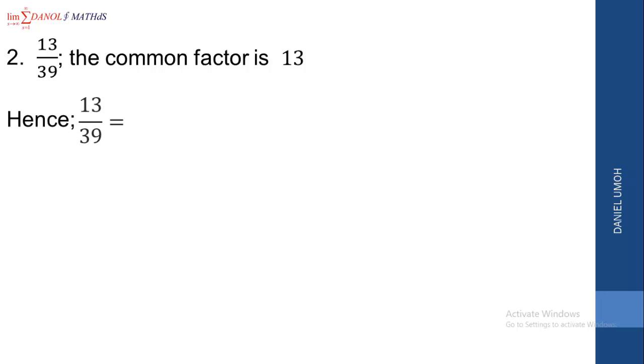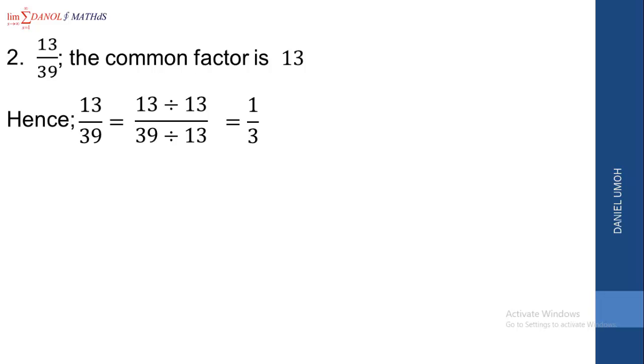So we have 13 over 39 is equal to 13 divided by 13 all over 39 divided by 13. 13 divided by 13 gives us 1, and 39 divided by 13 gives us 3. So 13 over 39 in its lowest term is 1 over 3. I hope you understand this.